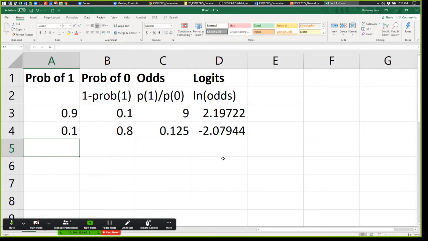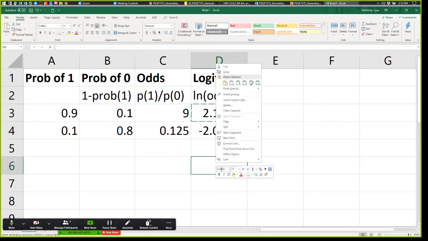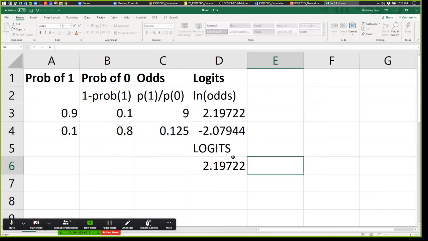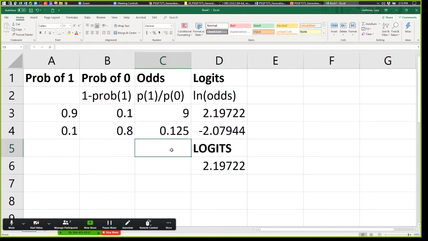Now, how do you go backwards? Let's say that I have this number right here. Paste the value. So if I'm given logits, how do I go backwards? How do I go back to odds? E to the logit.